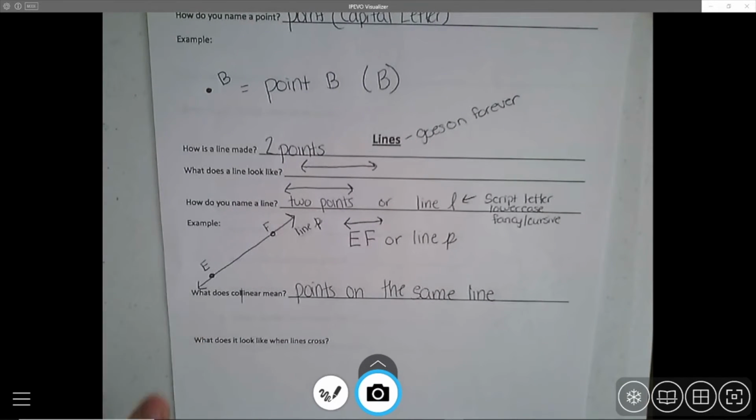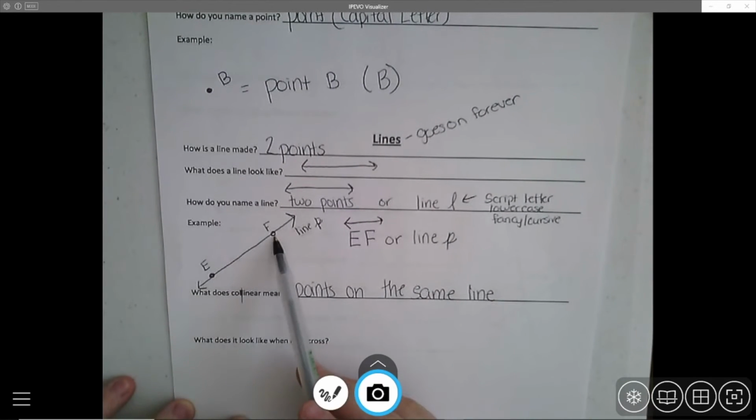Going back up here to this example, E and F are collinear because they are on the same line. So anytime they ask you for collinear points or non-collinear points, you are naming points if they are on the same line, if they say collinear.